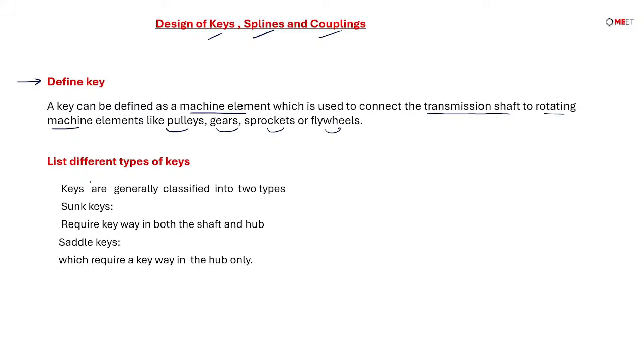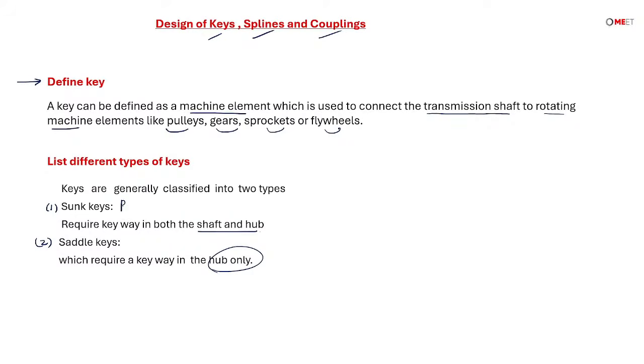Next is the types of keys. The keys are classified on various bases. One basis is the part of the key that lies in the shaft as well as in the hub, versus the majority of the key being only in the hub. When the key lies between the shaft and hub, it is called a sunk key.